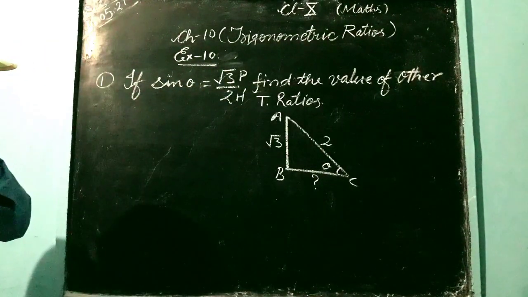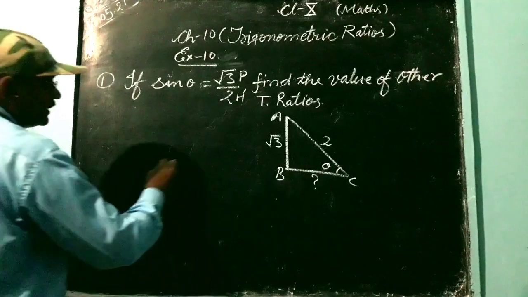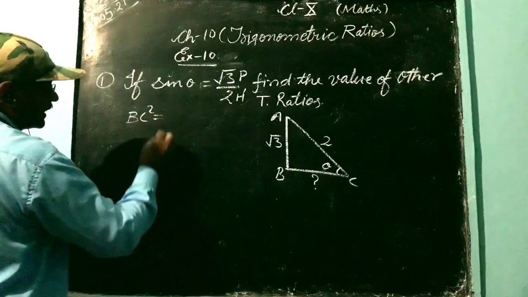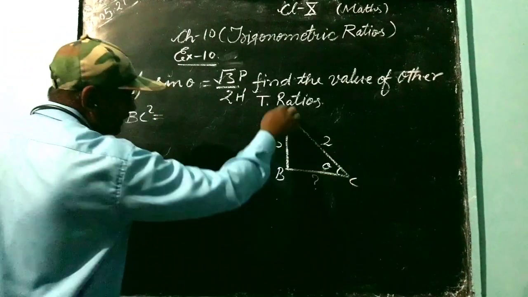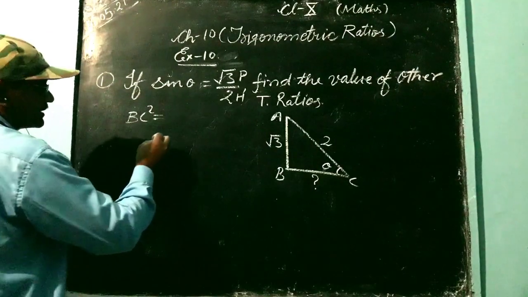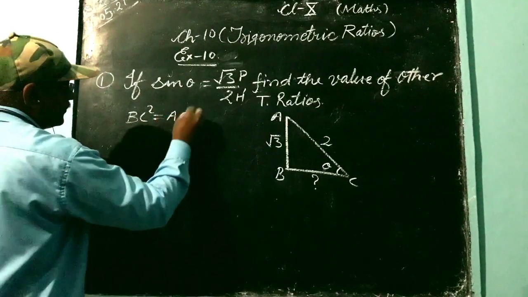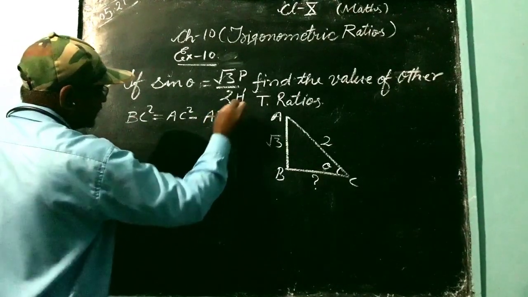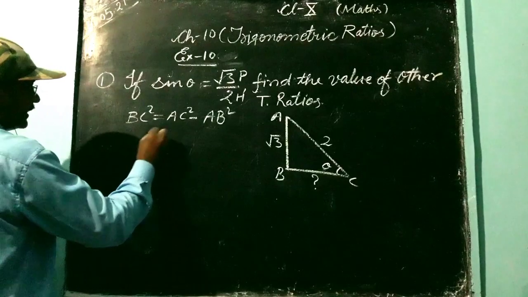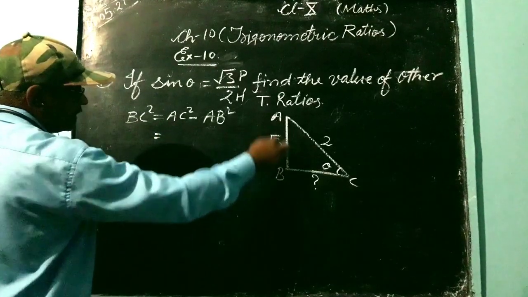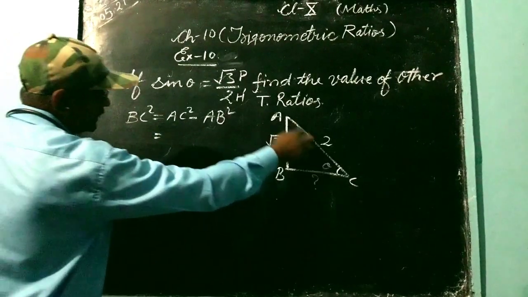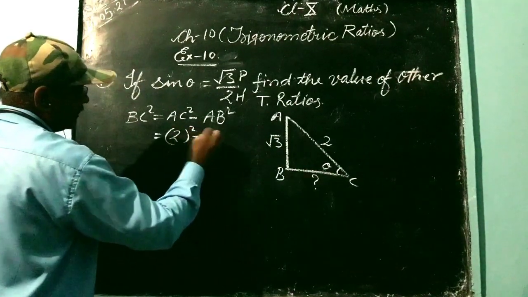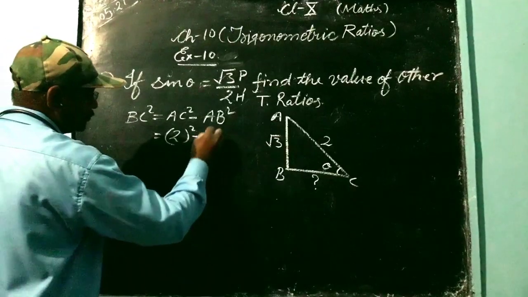Now you need the base. How will you find the base? With the help of the Pythagoras theorem, BC square is equal to hypotenuse square minus perpendicular square, that is AC square minus AB square. Clear, students? AC value is 2, so 2 square minus root 3 square.